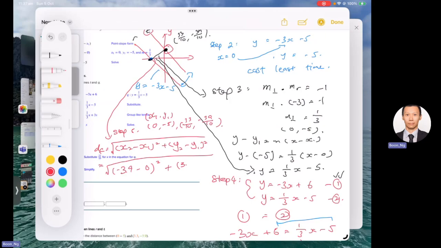Here's x1. x2 should be 3.3 minus 0, squared, plus y2 should be -3.9 minus 5, squared.